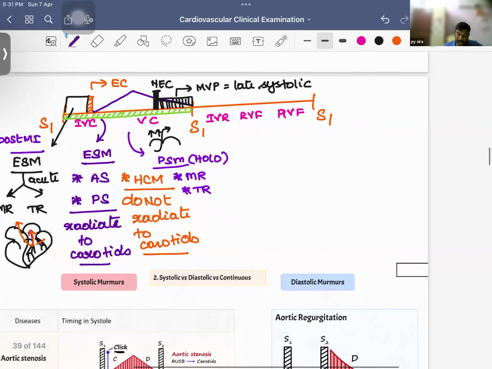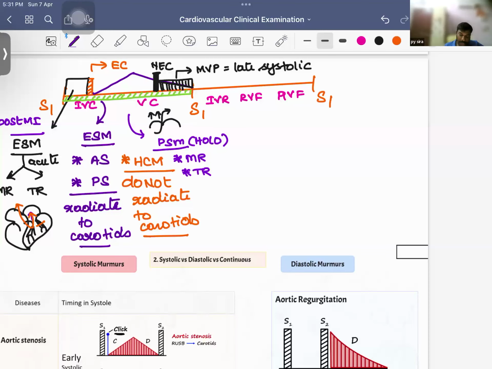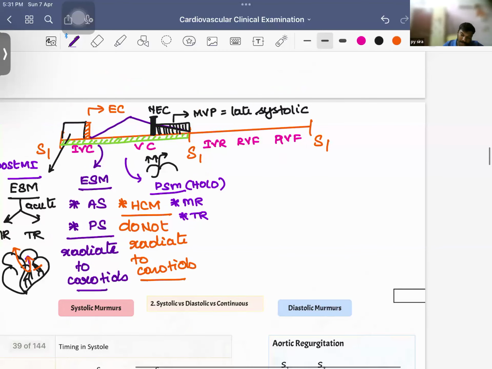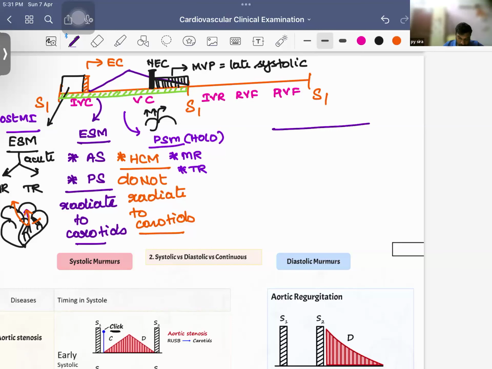Next, coming to the diastole. Diastole immediately after, so I'm going to split it and make it here, S2, S1. Whenever there is a diastole, the blood which entered into the aorta will try to run down. Since the valves are closed, it cannot enter into the left ventricle. But here the valves are flabby, so the blood is going to drop into the ventricle.